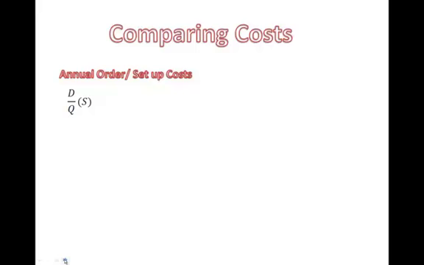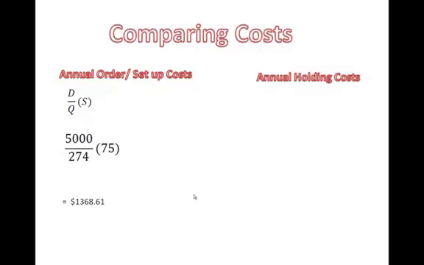And we just multiply that by the setup cost, which is how much it costs us to place every order. In this case, we take 5,000, divide by our order size of 274. Each order costs $75, and we see that it costs $1,368.61.